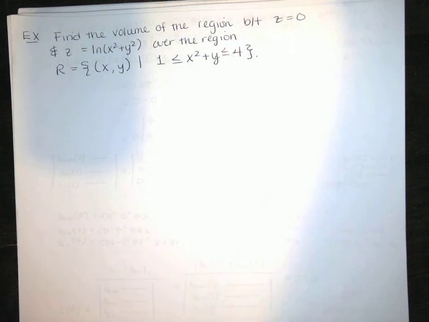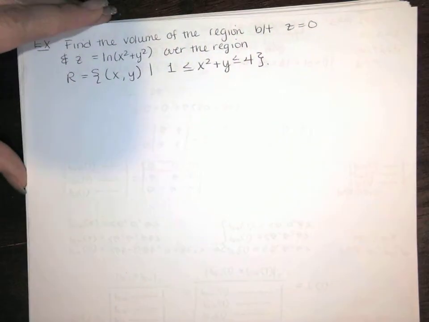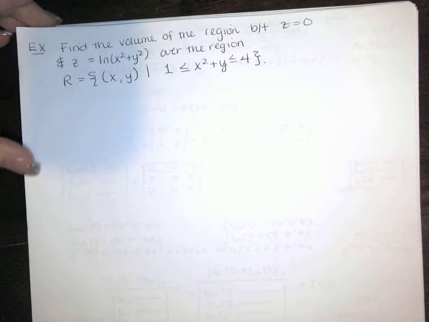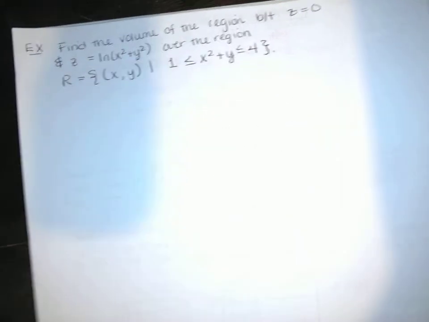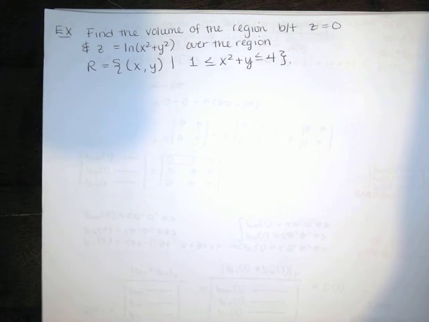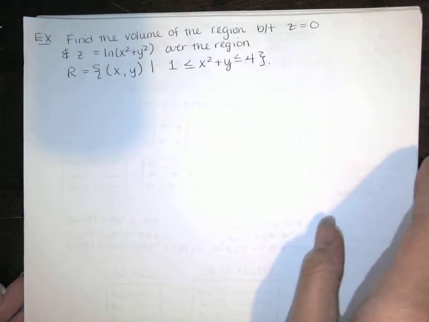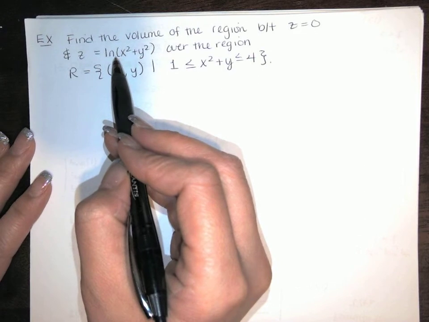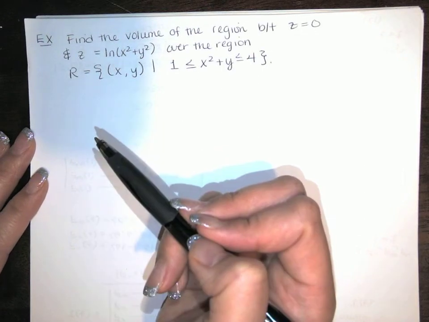Here's another one. This time we're asked to find the volume of a region. We want the volume of a region between z equals 0, that's the xy plane, and z equals natural log of x squared plus y squared.